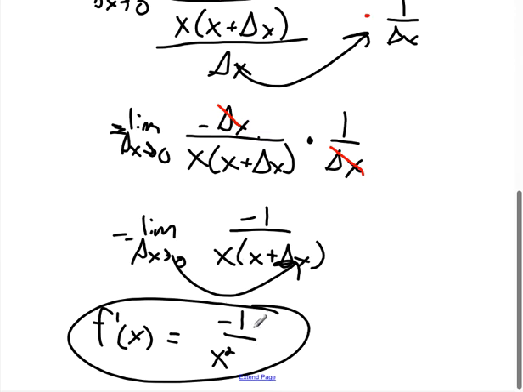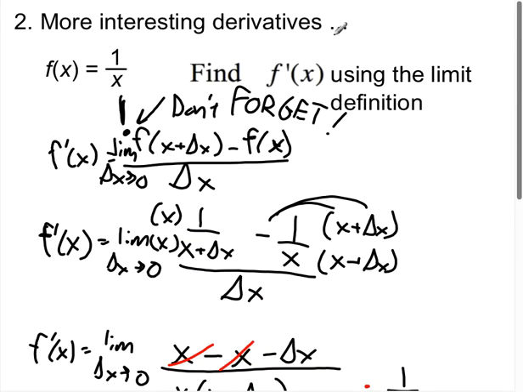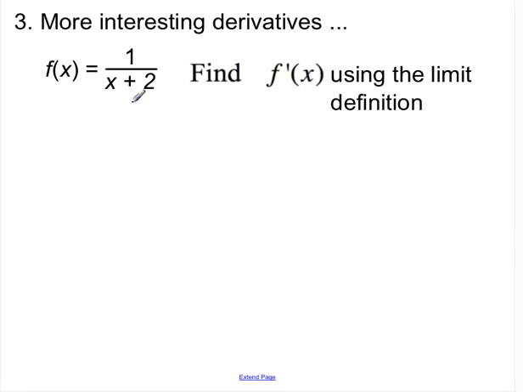So again, this is our derivative of our original function, the equation for slope at any point on this original curve.